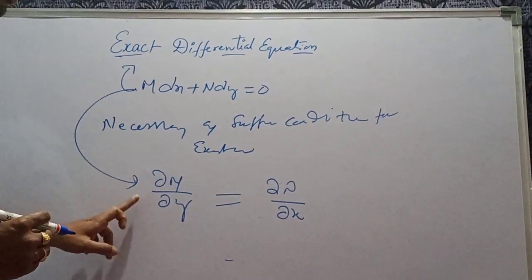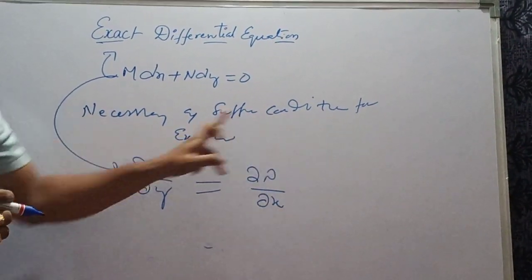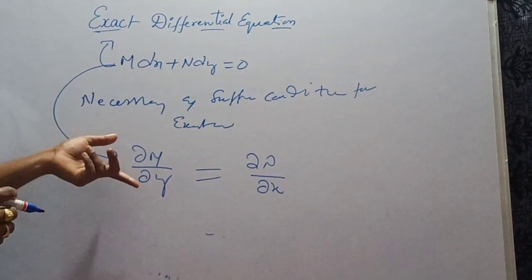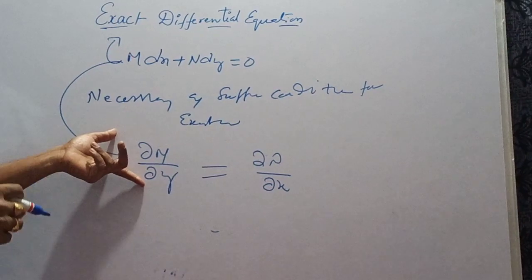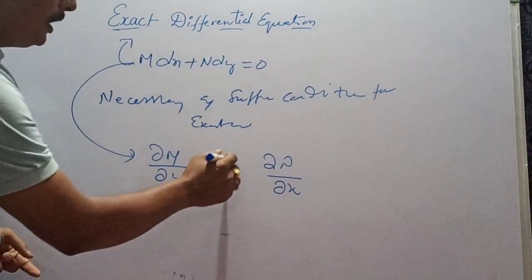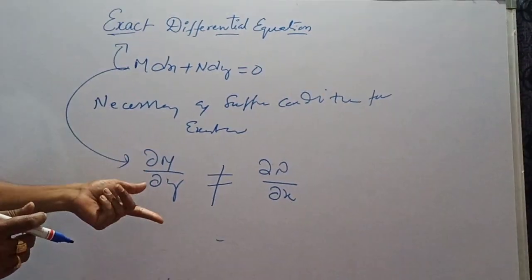This condition is called the necessary and sufficient condition for exactness. By verifying this condition, we conclude the differential equation is exact. Suppose it is not equal, then it is a non-exact differential equation.